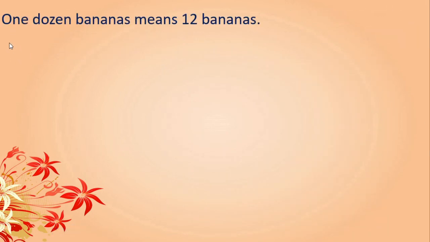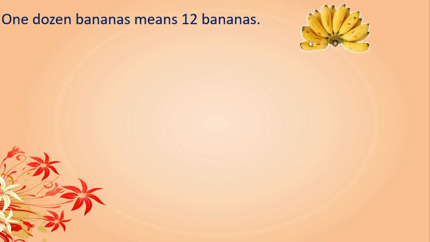See, this is one more type. 1 dozen bananas means 12 bananas. Remember, dear children, dozen always means 12 pieces. 1 dozen bananas means 12 bananas. 1 dozen eggs means 12 eggs. 1 dozen oranges, 1 dozen mangoes, always remember that is equal to 12 objects.